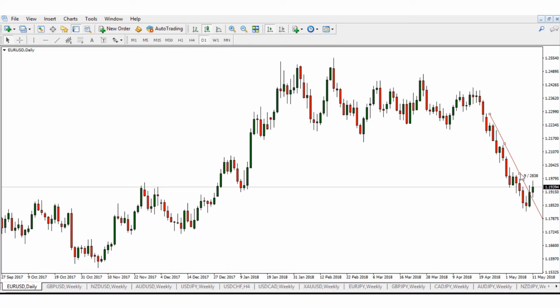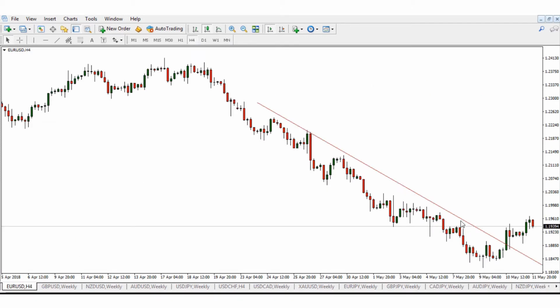In a downtrend, we try to connect the highs as best as possible. And oh, it seems we can find a channel over here. Okay, this is how it looks like on the 4 hour. Let's get it pretty right.